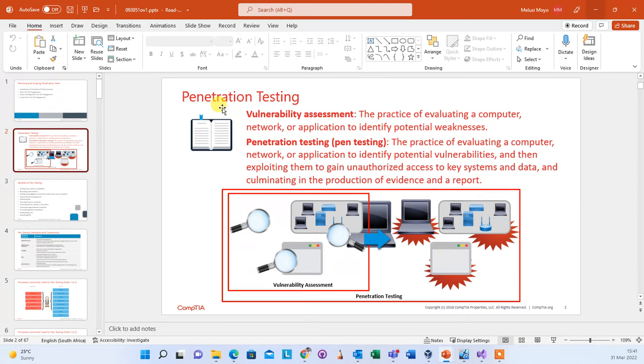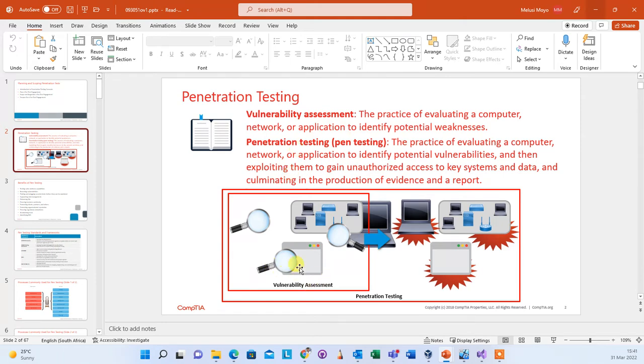So penetration testing includes a vulnerability assessment, whereby you are looking for vulnerabilities within the system. You might be using different tools, you might be using Nmap. There are many different tools that we're going to look at, the tools that we can use to look for vulnerabilities within a system, right?